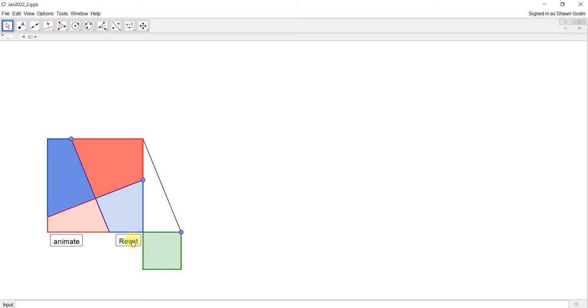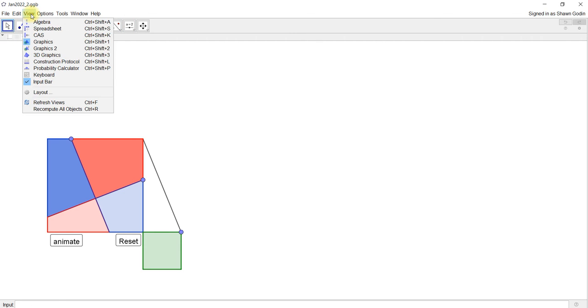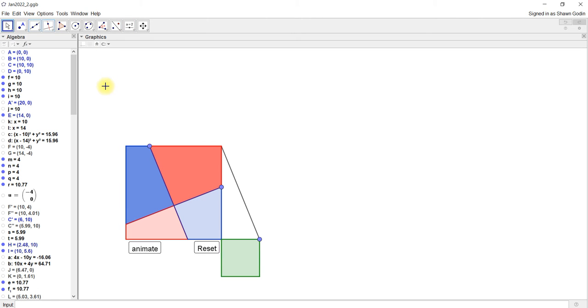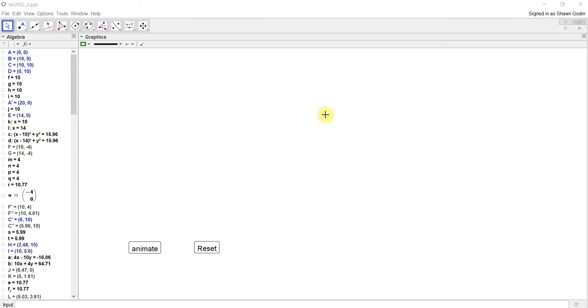Okay, so to take a peek at this, we'll look at the algebra mode. I'm just going to pause for a second and hide everything so we can go from the start. Okay, I guess I can't hide the buttons easily, but just to give you an idea of how I started, I created the big square.